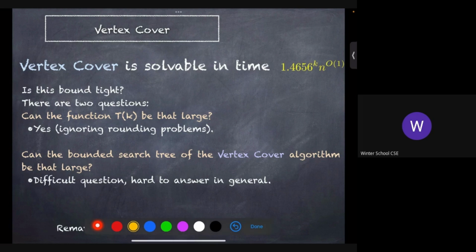And actually, you can try to add more branching rules, more ideas to the algorithm, and people have been doing this for quite a long time. The current record is this algorithm, with the best running time of 1.7 to the k.